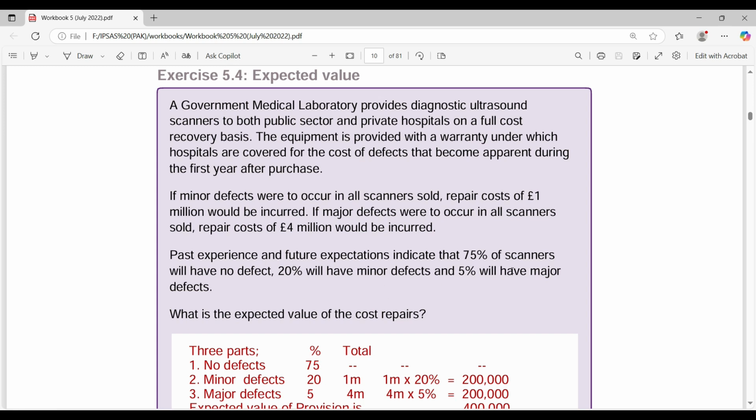And 5% will have major defects. The total cost in the case of major defect is 4 million for all the products, but only 5% of the products have major defects. It means that you have to fix 5% provisions of 4 million.